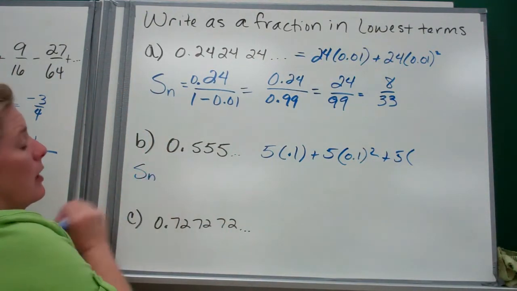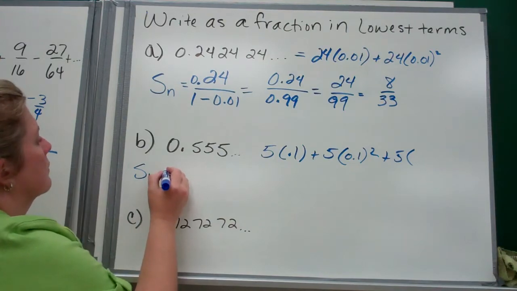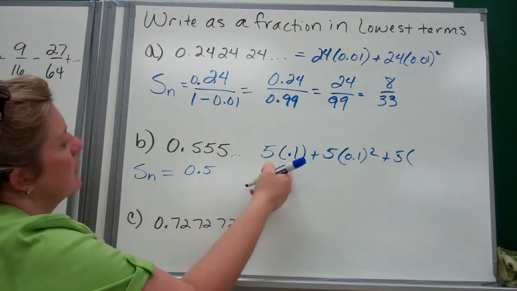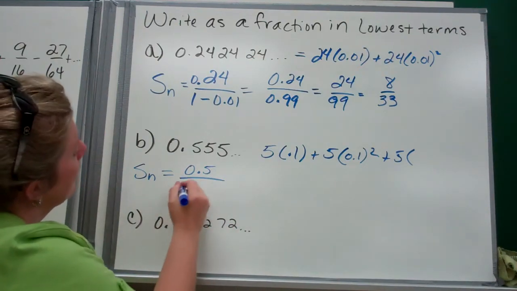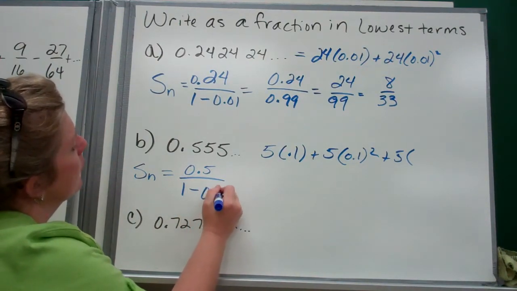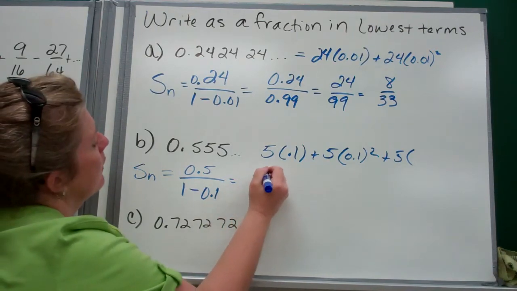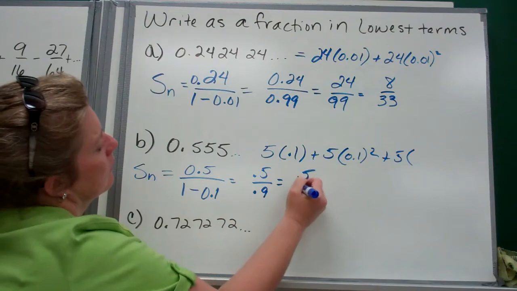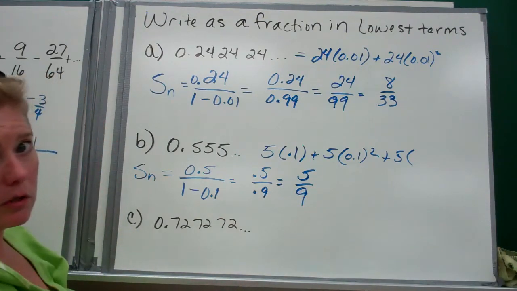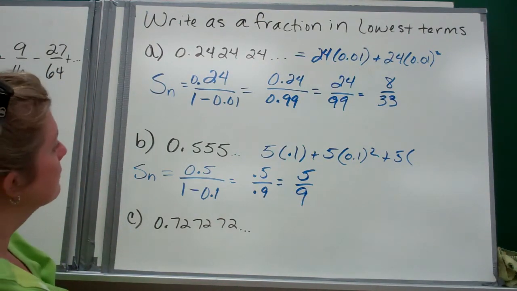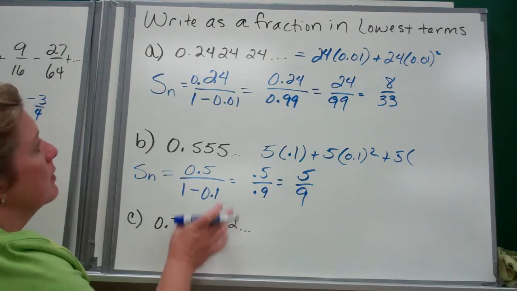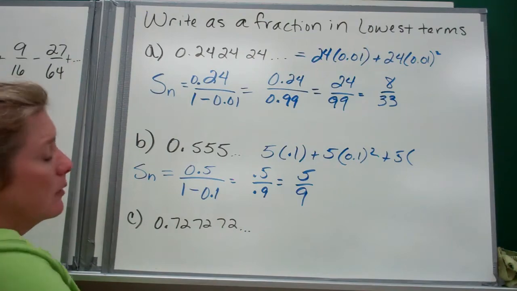So we use the sum formula: 0.5 is the first term over 1 minus 0.1. So we've got 0.5 over 0.9. Make the numerator and denominator integers: 5/9.